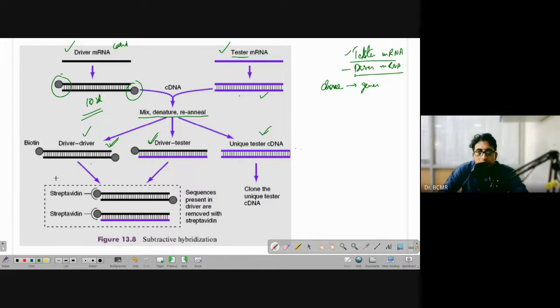And then using streptavidin, we can eliminate all the cDNA that have this biotin, and those that are unique can now be cloned. And we can directly get the sequences that are different, that are present or expressed in tester, but not in the driver. That is about subtractive hybridization.